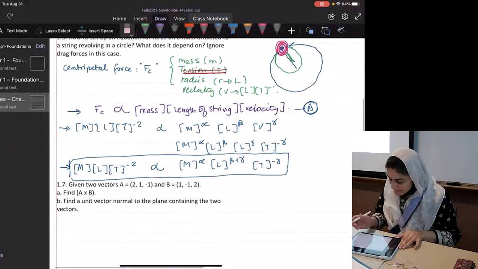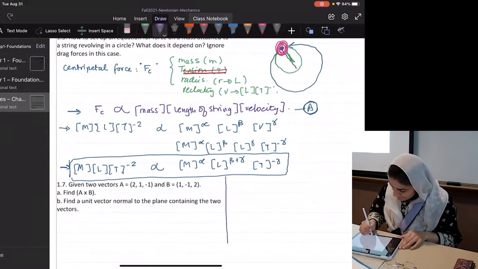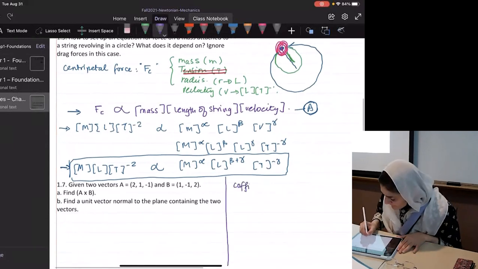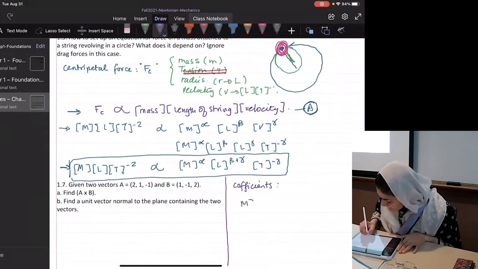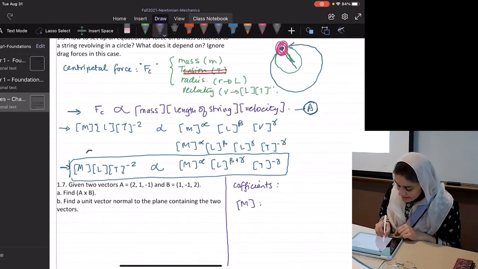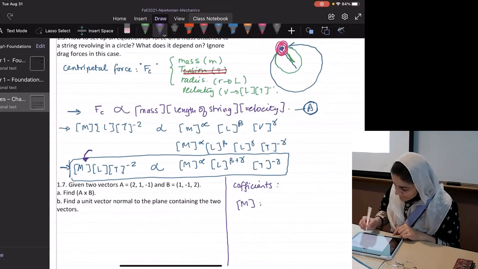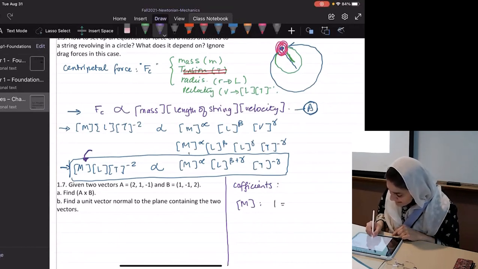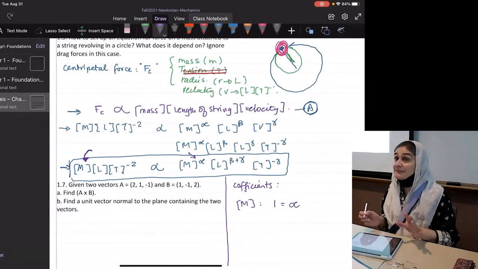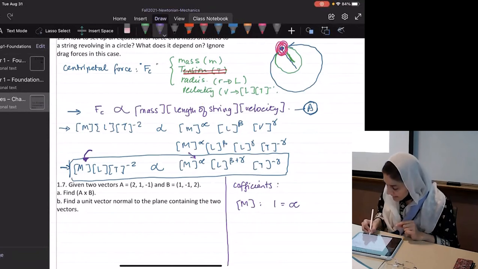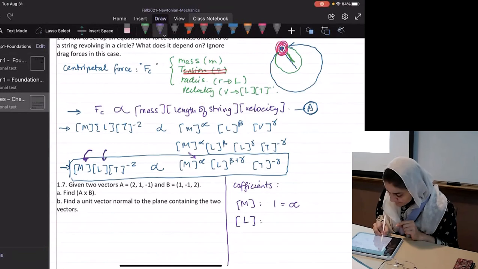So now here's a trick. Compare coefficients of M on both sides. What's the coefficient here of M? What's it on this side? You can call them ABCs if my alpha, beta, gammas are confusing. What about L? What's the coefficient on this side? 1.